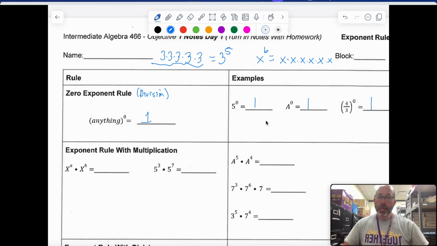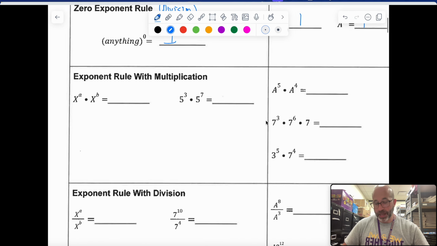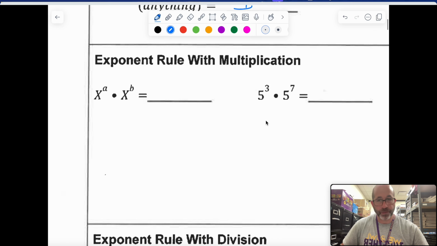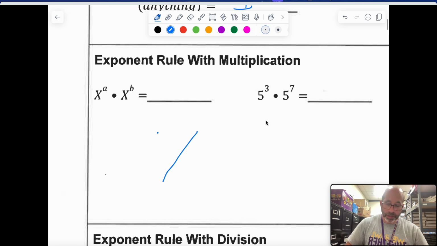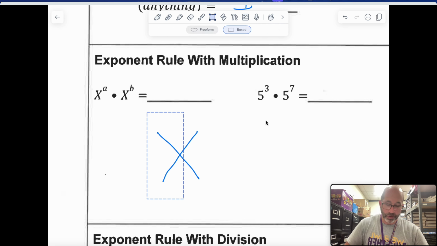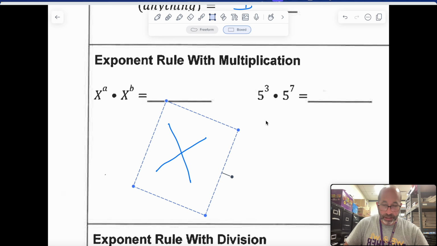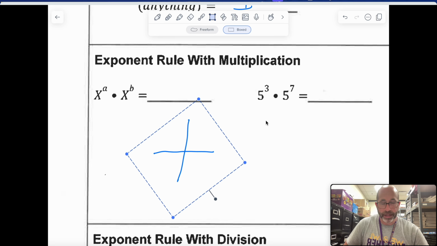The second rule that we have is the multiplication rule. When we're dealing with exponents and multiplication, we're going to take the exponents and add them together.